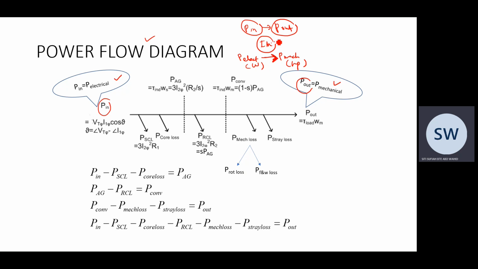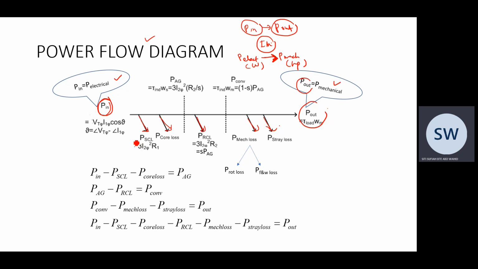However, that does not happen in a real practical situation. There are losses. We want to deliver 100% from here to here, but throughout the way, through the stator, through the core, through the rotor, you have a few losses. So the arrows downward are all the losses.